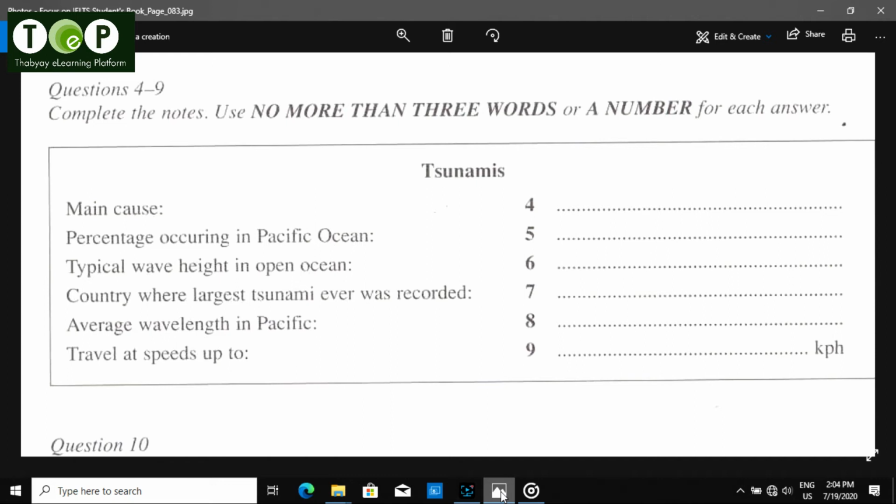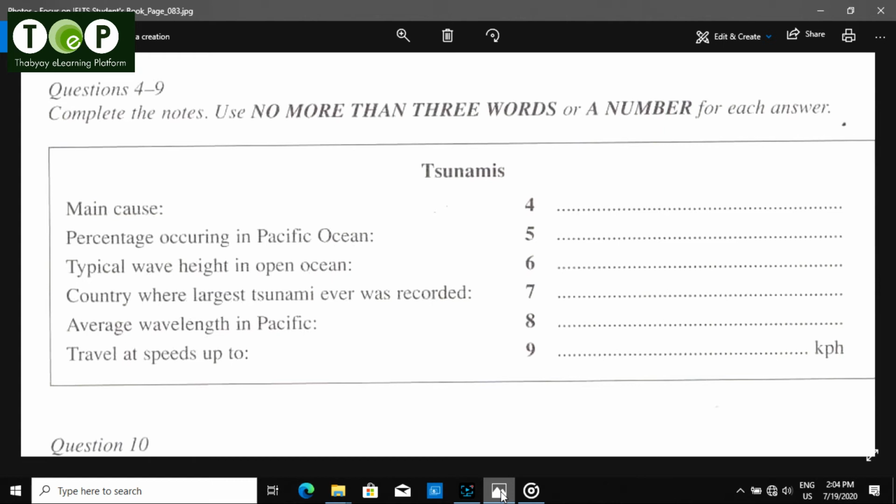Now answer questions 4 to 10. Right. Well, most waves are produced by the effect of wind. But the most destructive waves of all are not, in fact, wind-generated. These are the famous tsunami. The word tsunami, by the way, is Japanese for harbor wave.